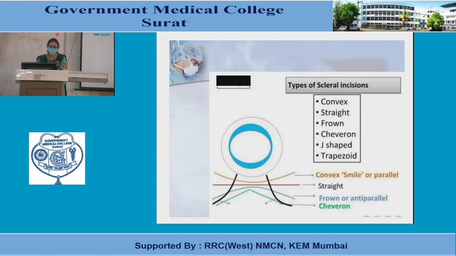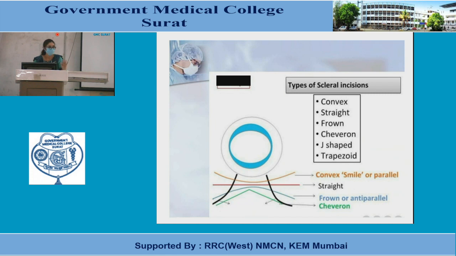Right? So how do they look? This is how a scleral incision would look. If you are doing, say, parallel to the cornea, that is a convex or a smile or parallel incision, it will result in a lot of astigmatism. So we avoid taking a parallel incision. A conventional corneoscleral incision is across the contour of the cornea.